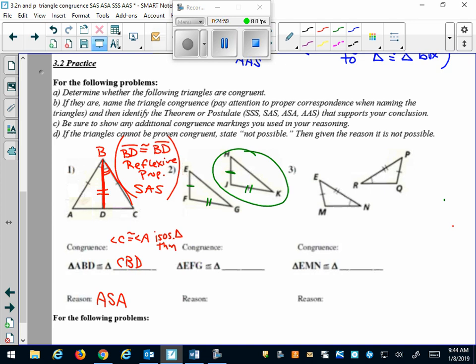Okay, but if this and this are my two sides, can I make different lengths of the third side? You know what I mean? Right? So basically, there's not enough information here. We don't have three congruences. So we would have to just say, not possible. All right, let's look at this next one.